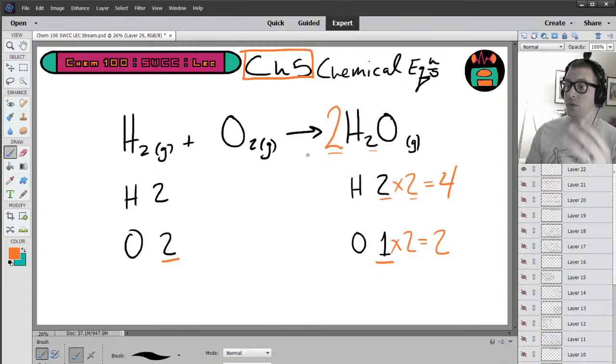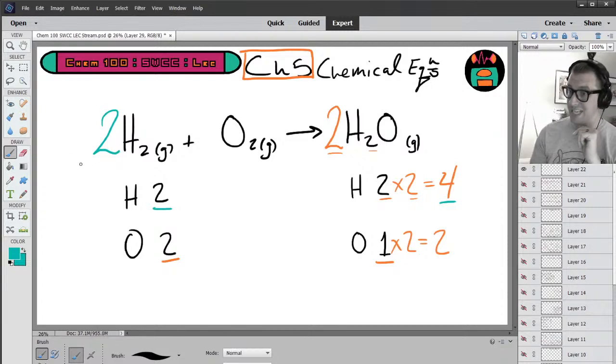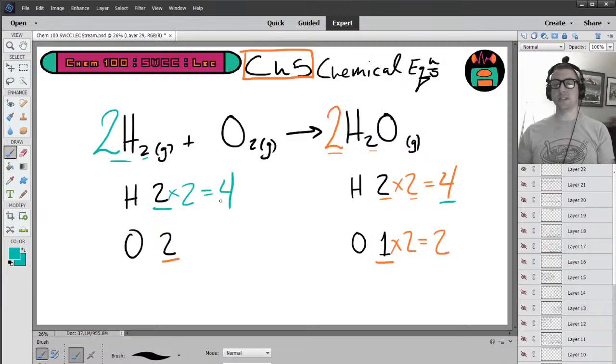This is totally normal. Don't let it stress you. Let's bounce back to the reactant side and see what we can see. So right now, we have 4 hydrogens on the product side, only 2 on the reactant side. We need a balance, so we can add a second molecule of hydrogen. Now we have 2 times 2, or 4 hydrogens on the reactant side.